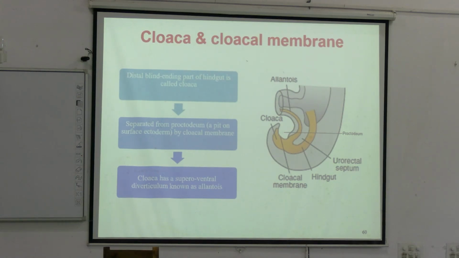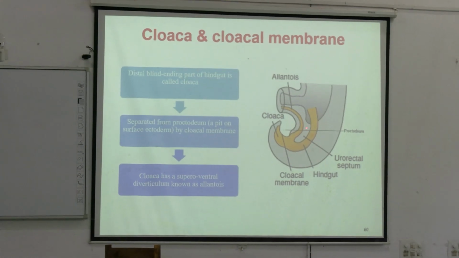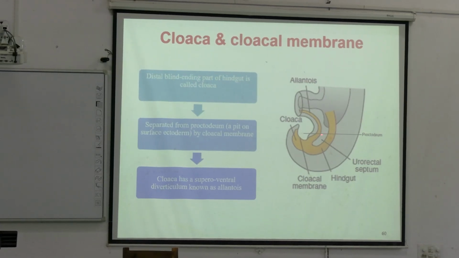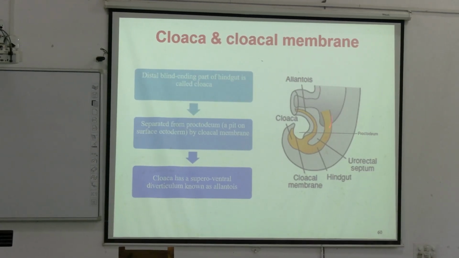Now, we have mesodermal tissue running into this body shaft. At the lower end, the tail end, the caudal end, we have this mesenchymal tissue, which runs between the allantois and the cloaca. Slowly, this separating mesenchymal tissue becomes condensed and makes a septum between the allantois and the cloaca.